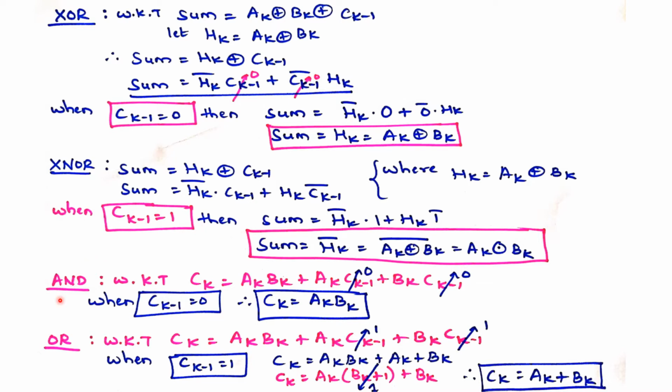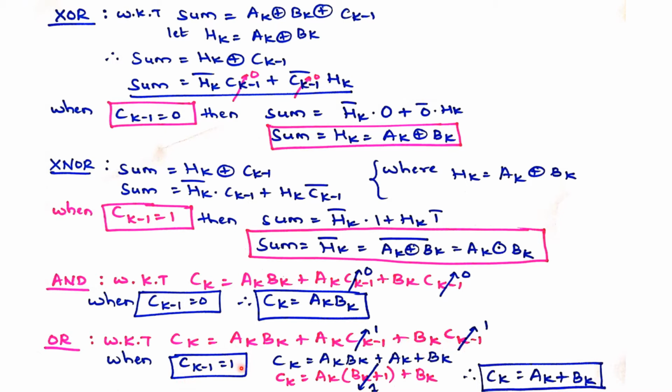Similarly, to implement AND and OR operations, consider carry out expression. Carry out expression is AK into BK plus AK into carry input plus BK into carry input. So if carry input is set as 0, then the carry out will give you AND operation of A and B. To perform OR operation, again we consider carry out expression AK into BK plus AK into CK-1 plus BK into CK-1.